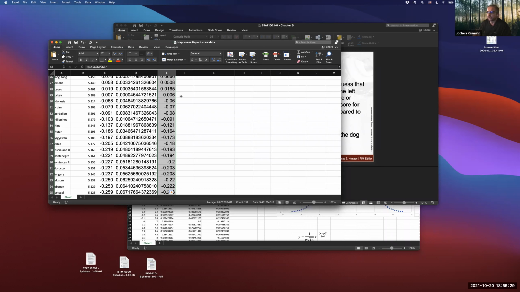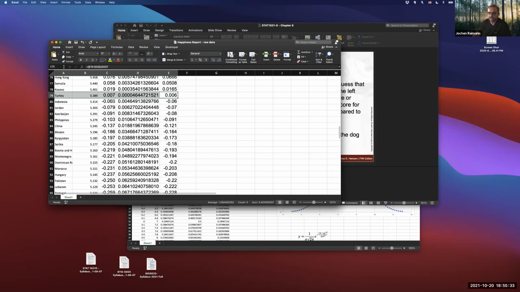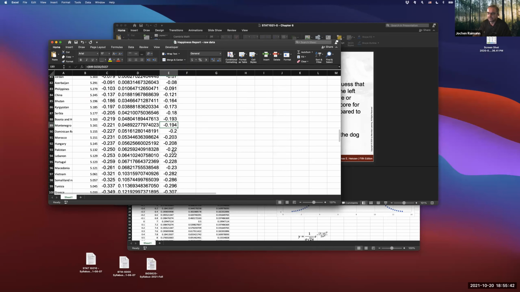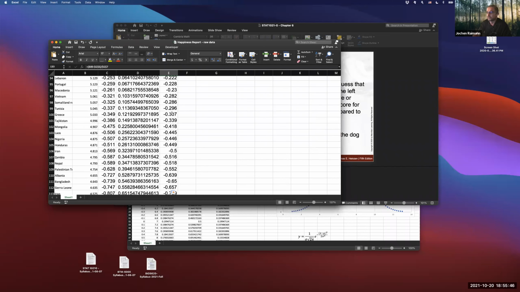Essentially, Turkey is average happy, with about a 0.06 Z score. Montenegro is a little unhappier than the average. Lebanon, Tunisia, Greece. Greece is unhappy.